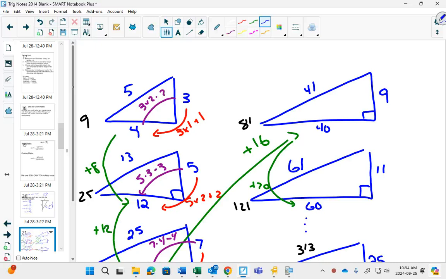But it does not work for a cubed plus b cubed equals c cubed. There are no nice numbers that ever work. In fact, he went on to say that any exponent bigger than or equal to 3 never works.